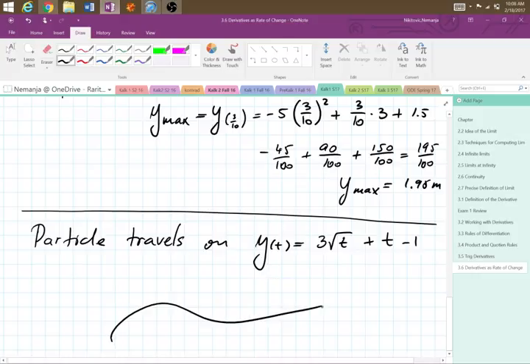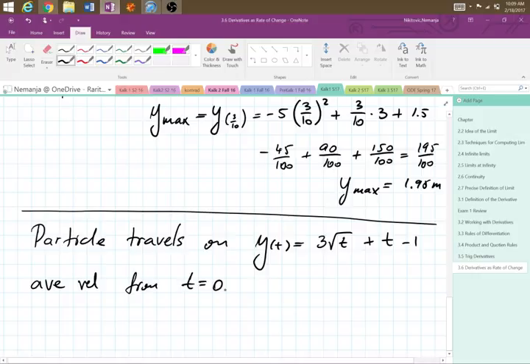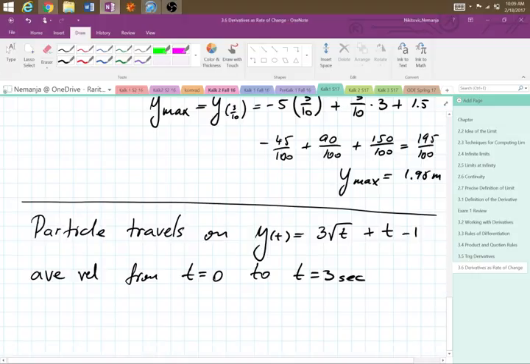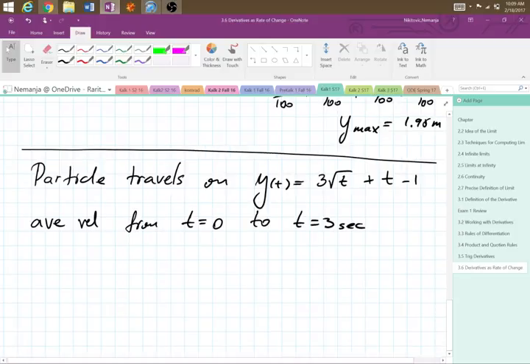It's going to be some kind of curve. And we want to know the average velocity from t equals 0 when it starts to t equals, let's say, 3 seconds when it ends the journey. So that's all I want to know. All right, cool.